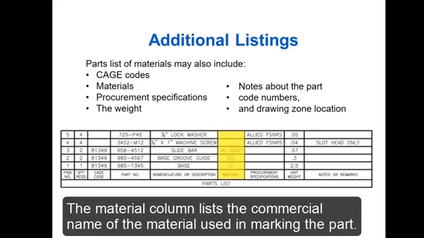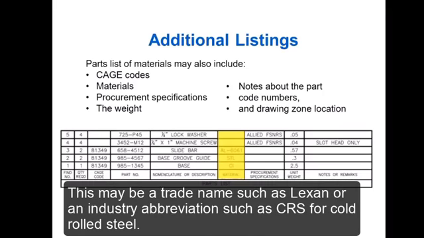The material column lists the commercial name of the material used in making the part. This may be a trade name, such as Lexan, or an industry abbreviation, such as CRS, for cold rolled steel.